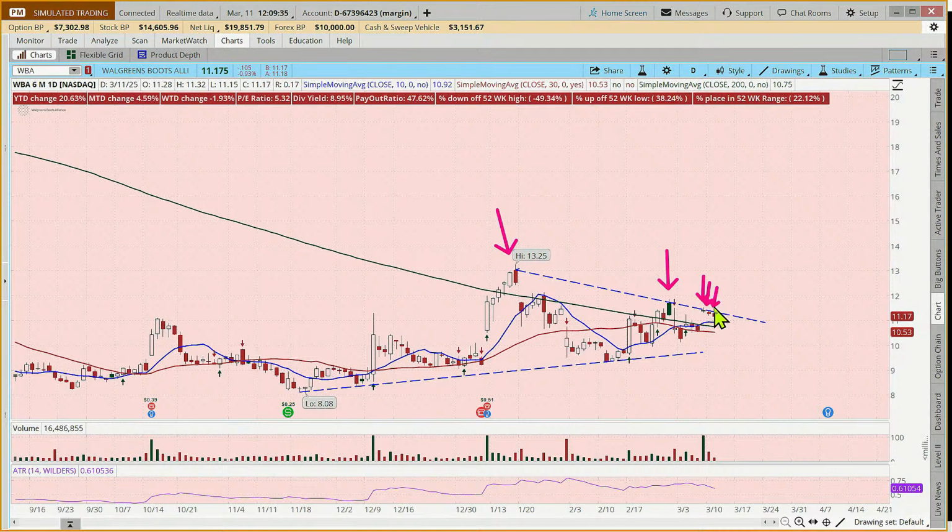It keeps bonking its head up against this horizontal resistance level or ceiling. But at the same time that we have this diagonal line, we also have a series of higher lows where it has come down multiple times, and now it seems to be bouncing off the ceiling.